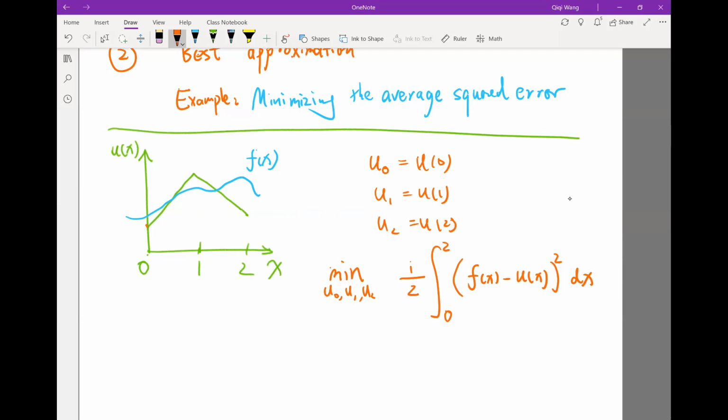All right. So who knows how to solve minimization problems like that? It's a scalar function of 3 variables, right? The 3 variables are u0, u1, u2. How do we minimize a function of 3 variables?